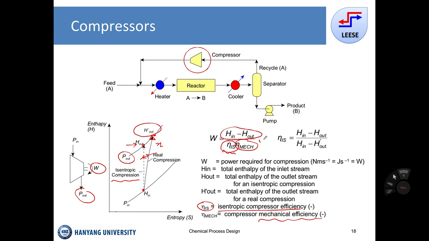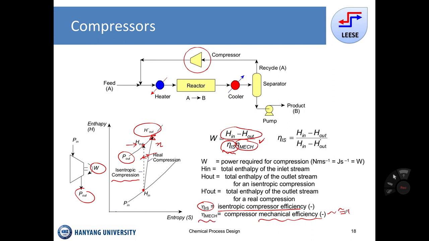The mechanical efficiency is related to any loss related to the device, not based on the thermodynamics itself. Mechanically, some of the power is not transferred fully to the compression of the gas. That is reflected by the compressor mechanical efficiency. Typically, mechanical efficiency is close to 1, so sometimes it is not considered.